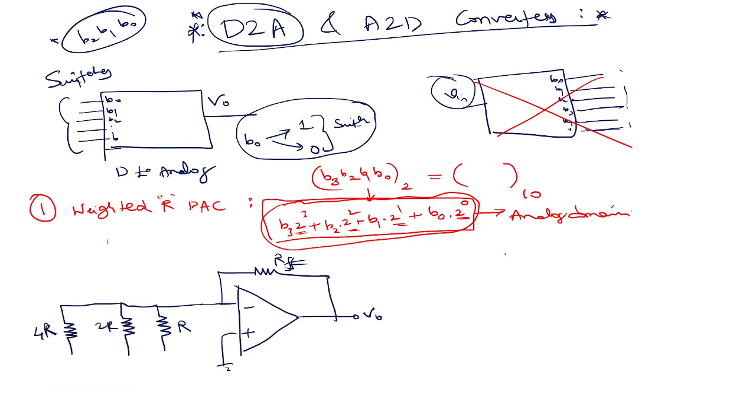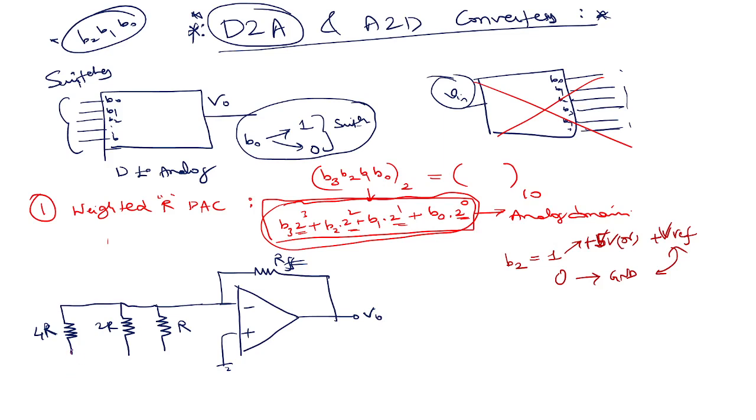If B2 is 1, for example, that means this is connected to plus 5 volt or plus V reference. If it is 0, that means it is connected to the ground. Let's assume there are only 2 voltages possible, so your switch has to be able to move, correct?